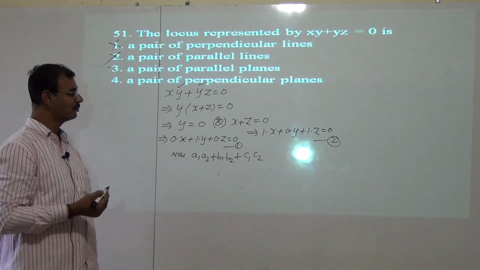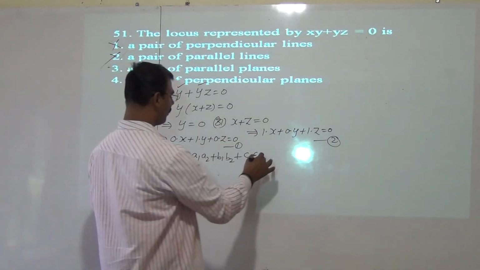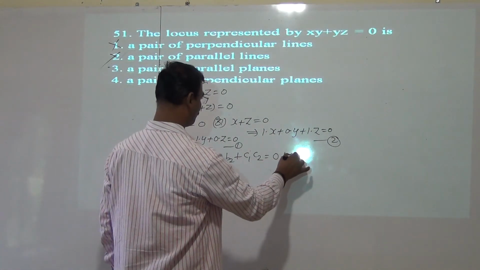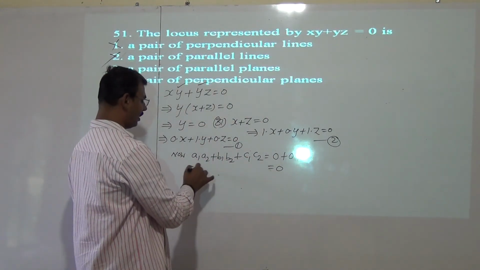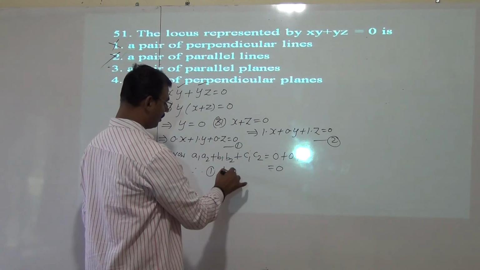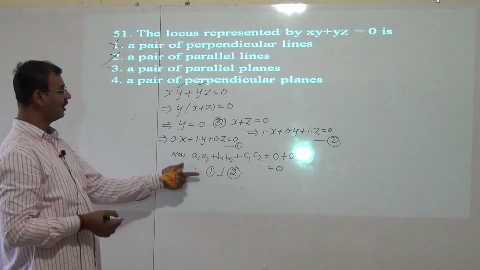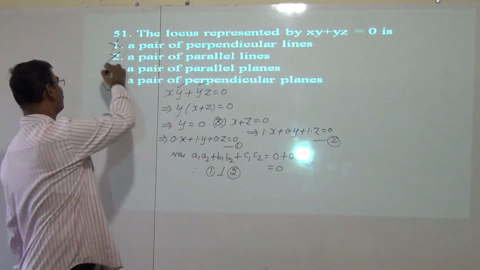That is 0 into 1 is 0, plus 1 into 0 is 0, plus 0 into 1 is 0. So it is equal to 0. Hence equation 1 is perpendicular to equation 2. Clearly we get the answer: this is a pair of perpendicular planes.